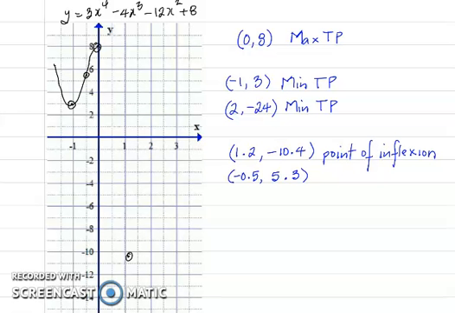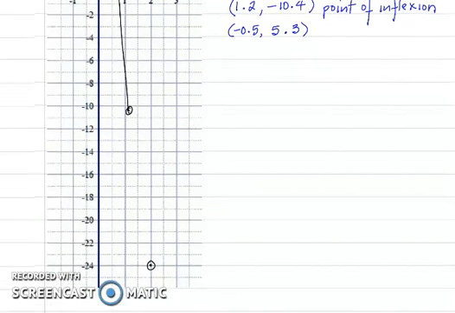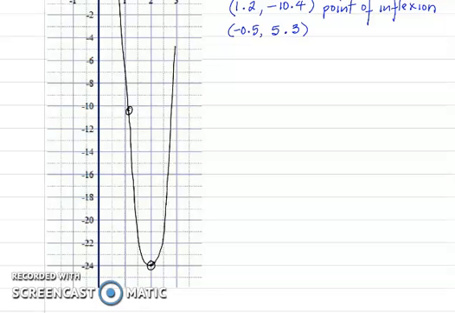Now from up here, let's go down to our point of inflection. From the point of inflection, let's go to our minimum turning point. Turn, and then let's go back up a bit. We don't have to go all the way up.